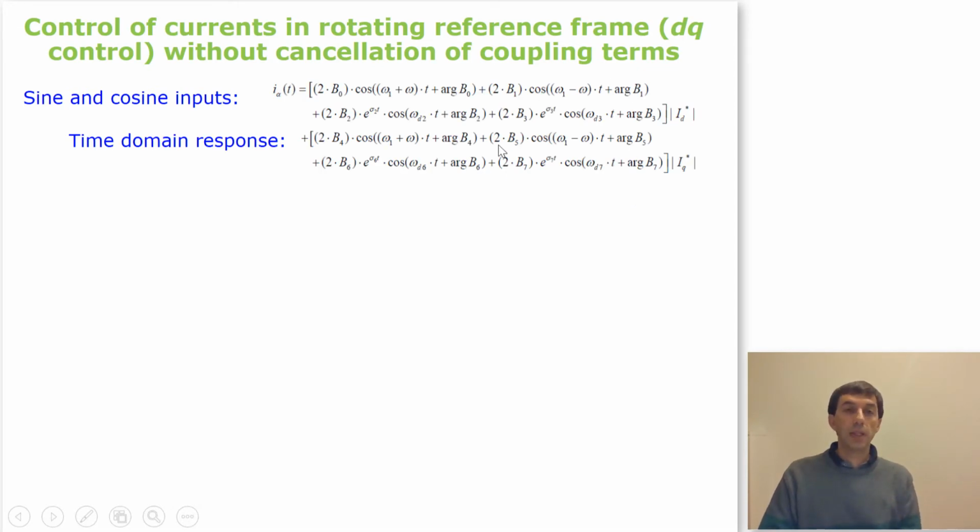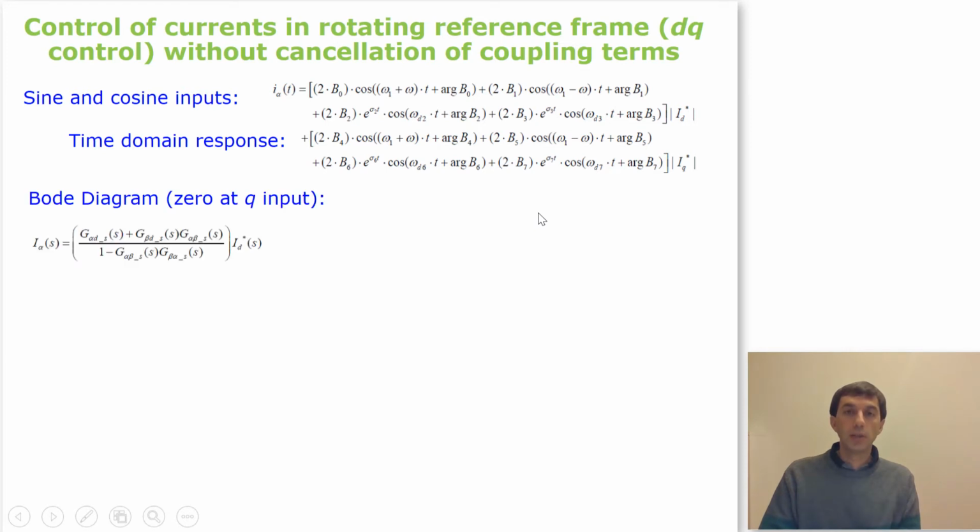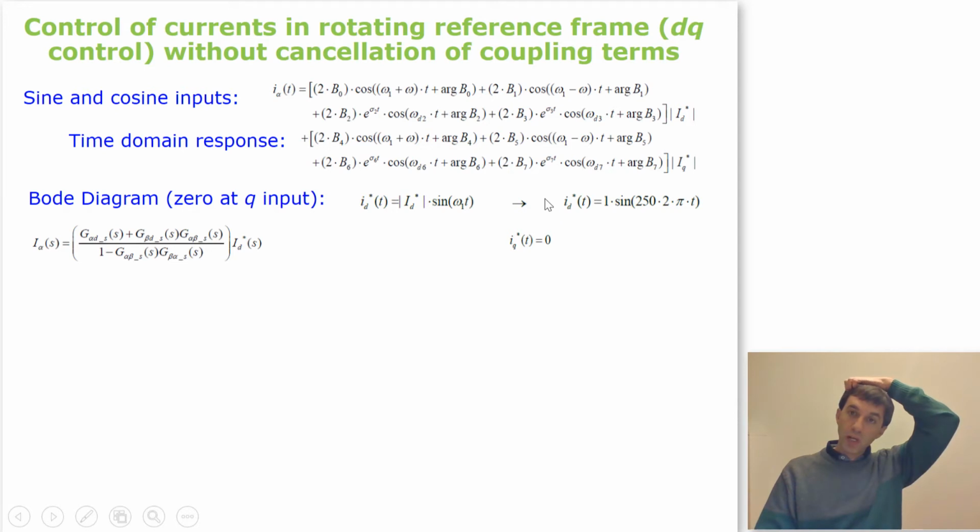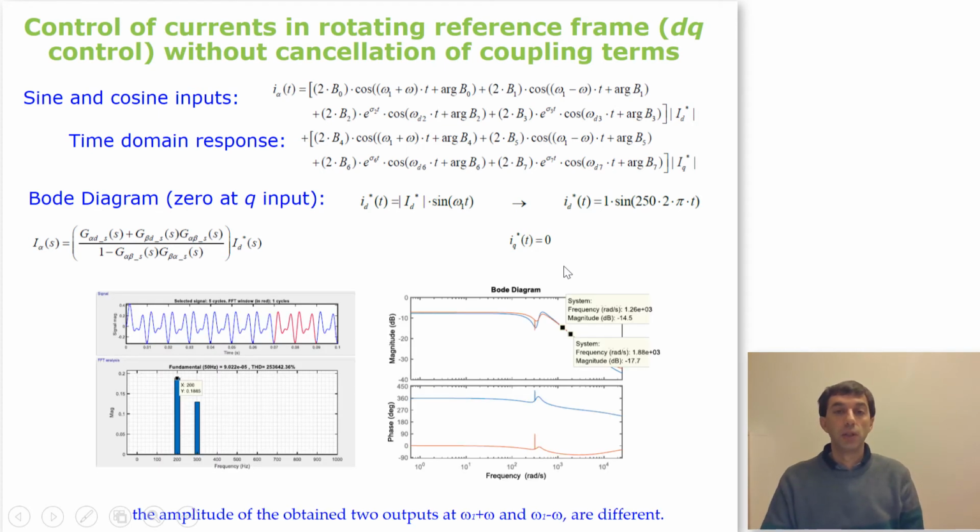Again, we can obtain the time domain response, very similar to the previous one obtained with cancellation. We can again obtain the Bode diagram, making zero the Q current input. So we only have this term for alpha current. So we are setting it to zero, and we have only this current reference.